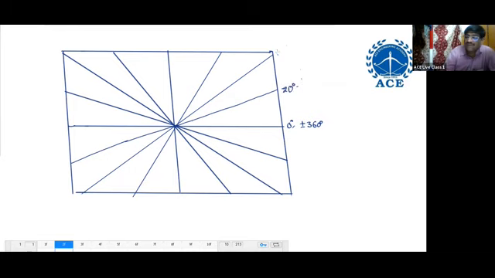This is plus 90 degrees, minus 270 degrees. Here plus or minus 180 degrees. This is minus 90, plus 270. In the polar plot, there are negative angles as well as positive angles, as well as small circles.